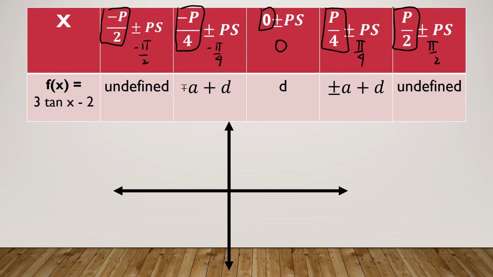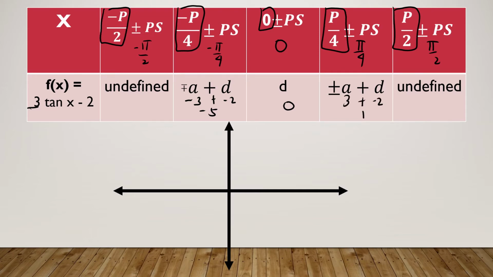If a is negative, you start with positive a, then negative a. Since the sign of a is positive, we start with negative a, and then the next one will be positive a. So we start with negative 3 plus d. Your d is negative 2, so we have negative 5. For x equal to 0, we have 0. Then we proceed with positive: 3 plus negative 2, which is equal to 1.